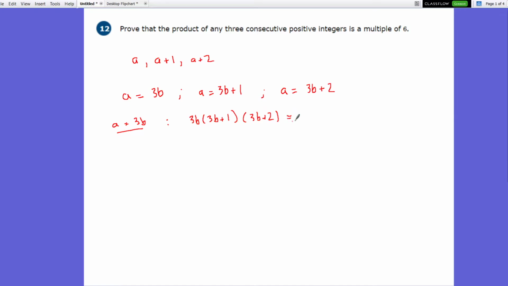Since one factor is a multiple of 3, the overall product is a multiple of 3, let's call it 3m.